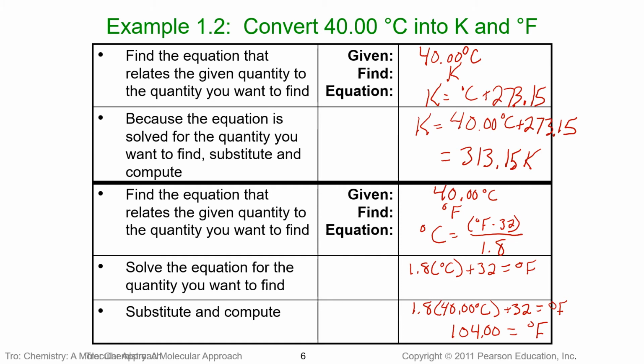Just as a reference for you, room temperature is about 23 degrees Celsius, and Fahrenheit and Celsius are equal at -40 degrees. So -40 Fahrenheit is -40 Celsius, just to give you some reference points.